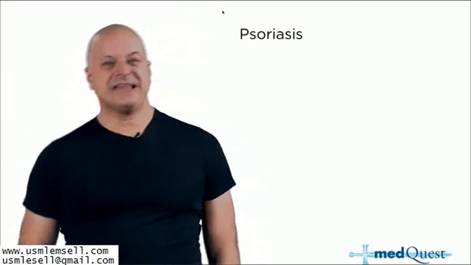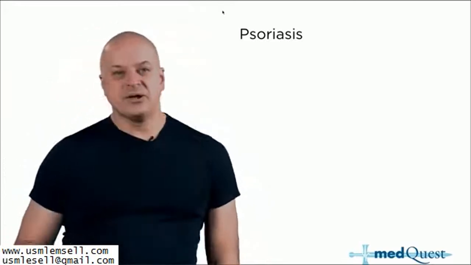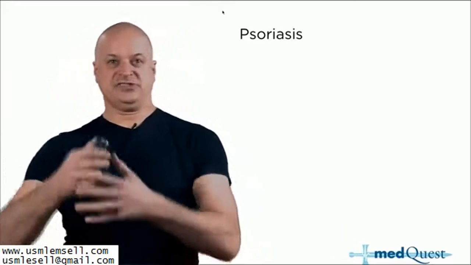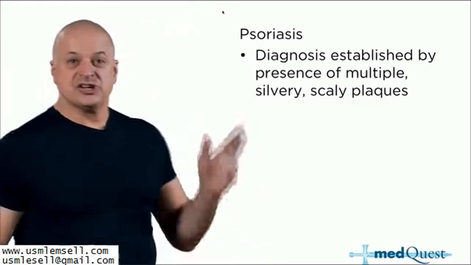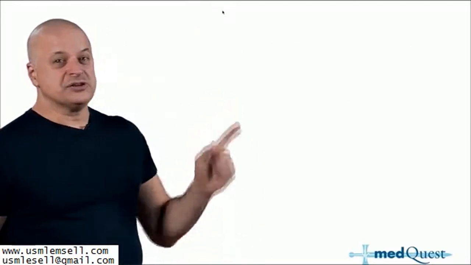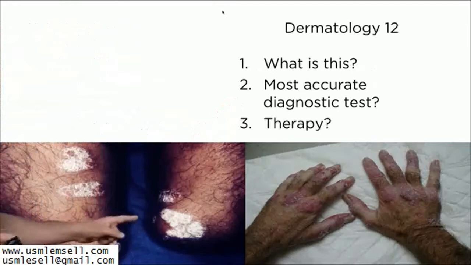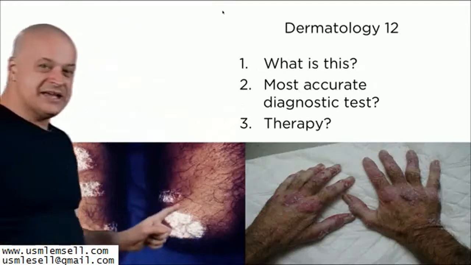It does look like psoriasis, because psoriasis means silvery, scaly, flaky material building up on the surface of the skin. That's psoriasis. Now, let's see those again. See that? Silvery, scaly, hypersensitivity reaction.